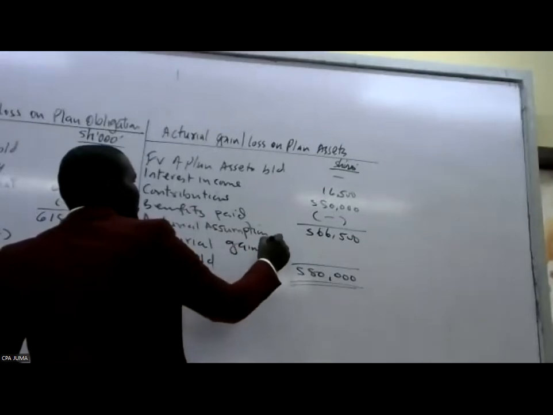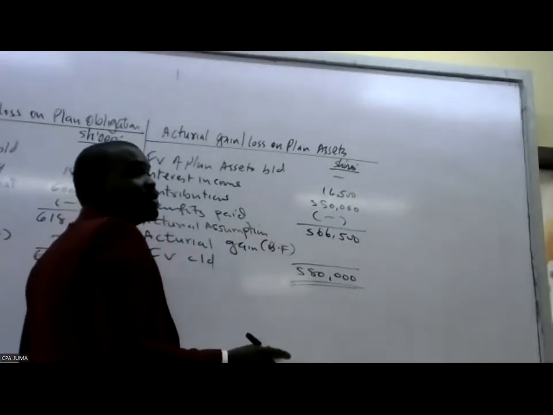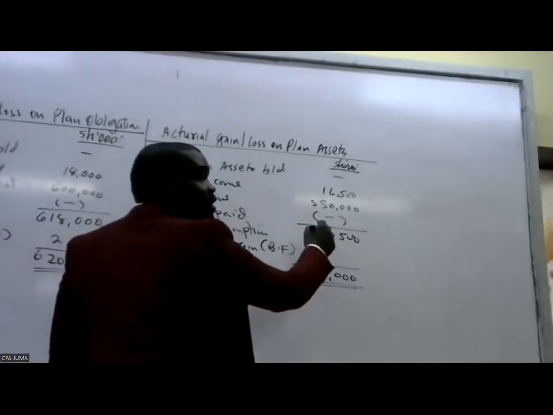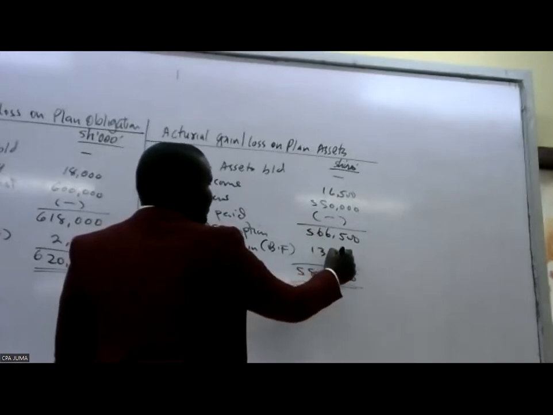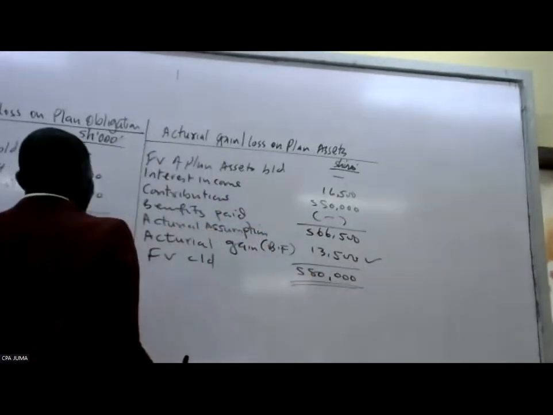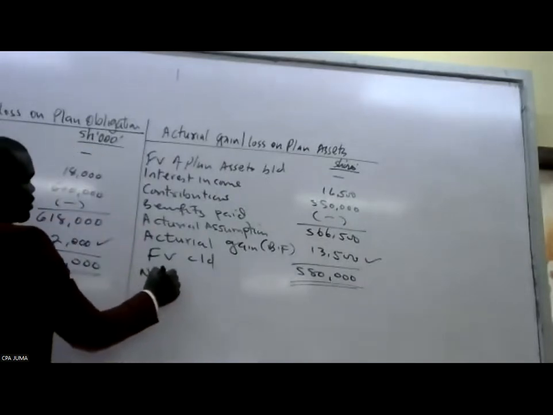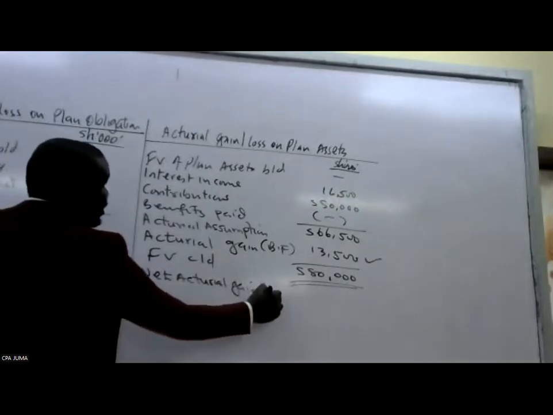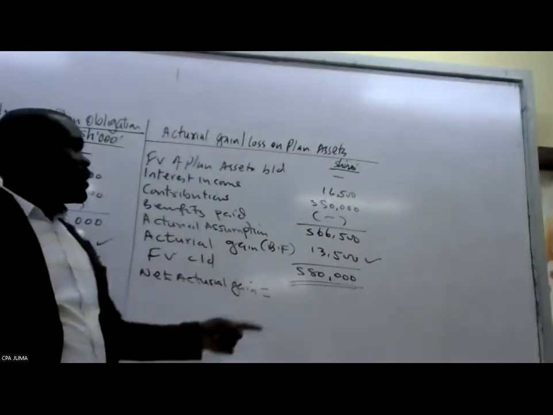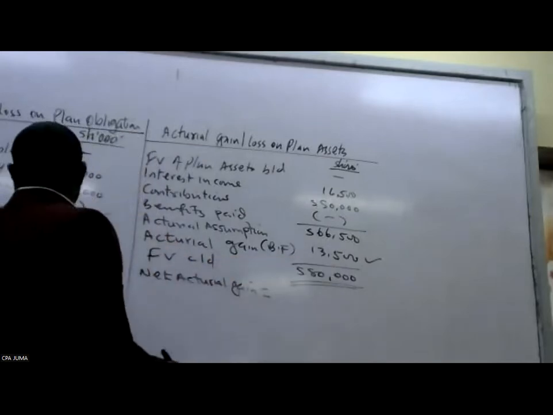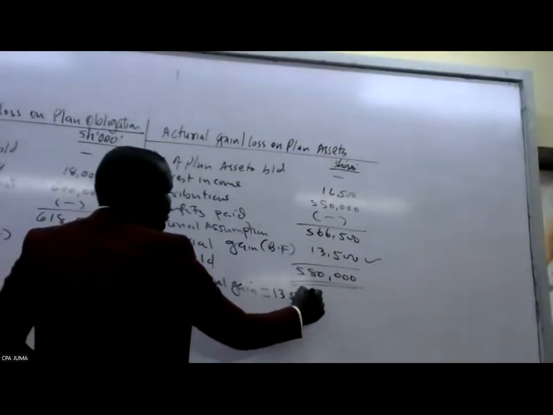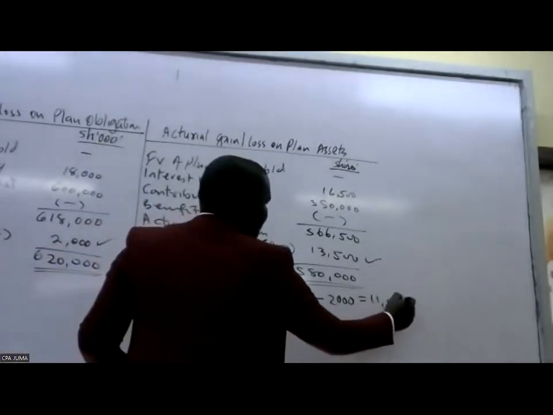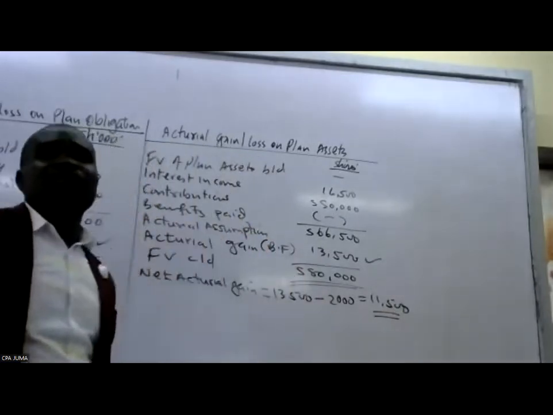So actuarial gain of how much? 13,500. So net actuarial gain: we have gained 13,500, and on the other side we lost 2,000. So we are talking of 11,500. Have that.